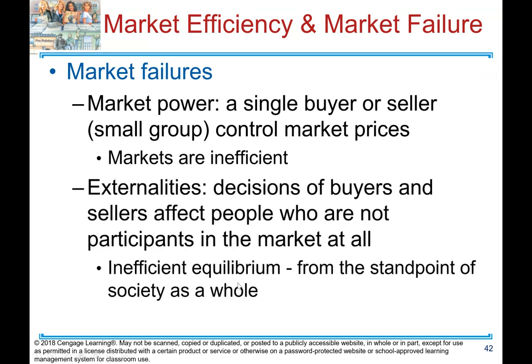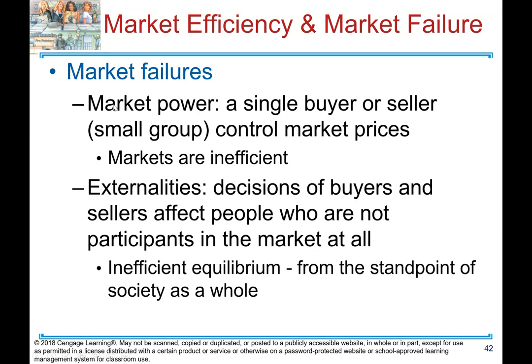So, market failures. Market power is a source of market failure. Market power is a situation where a single buyer or seller, or a small group, controls the market prices. That makes markets inefficient. We should have many, many buyers and many, many sellers, and competition.